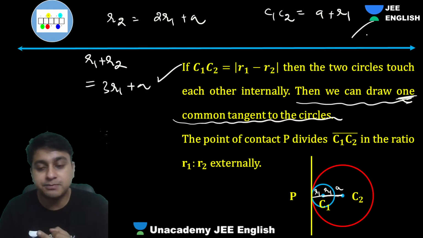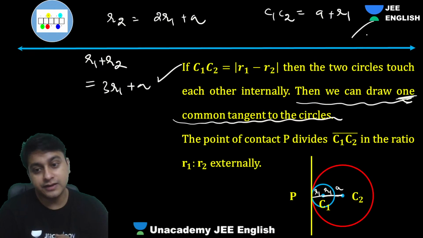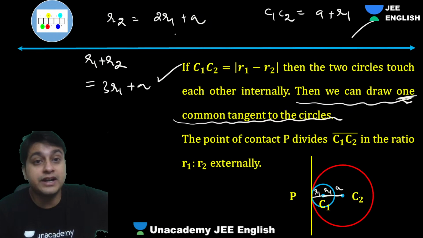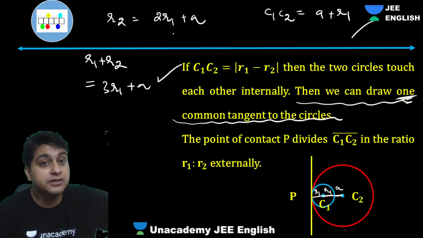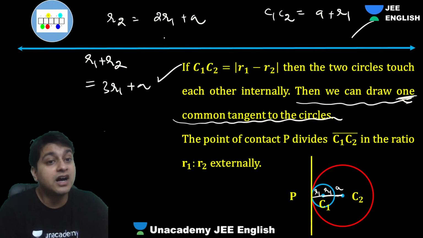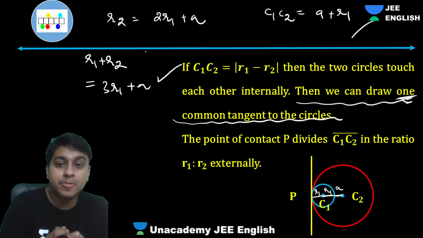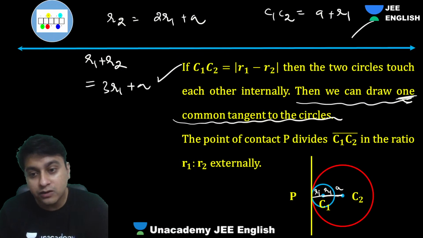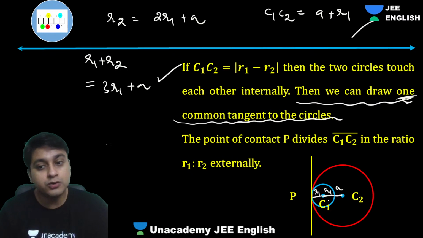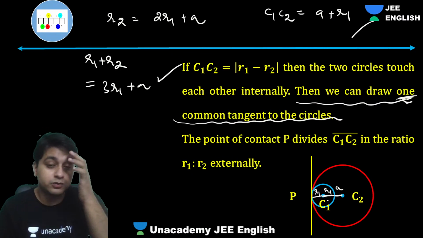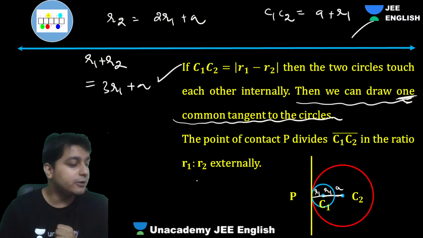But what's the best part over here, guys, is if you subtract these two radii, let's suppose you do R1 minus R2, what are we going to get here? Tell me. You subtract R1 minus R2. Can I say, guys, that will be equal to C1C2? Absolutely yes.